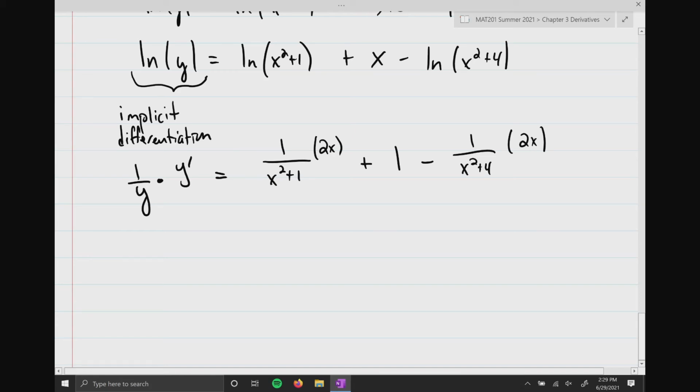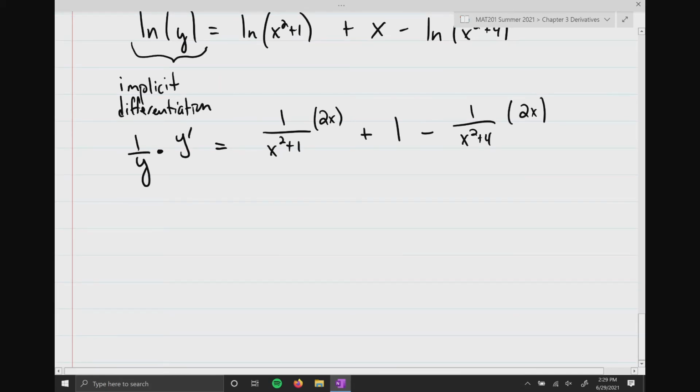And I'm going to simplify this just a little bit. I'm going to make it look nice and neat. So 1 over y times y prime equals 2x over x squared plus 1, plus 1, minus 2x over x squared plus 4. Now, we are almost home free. You got to remember, the directions were find the derivative.